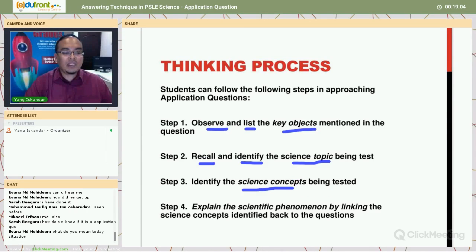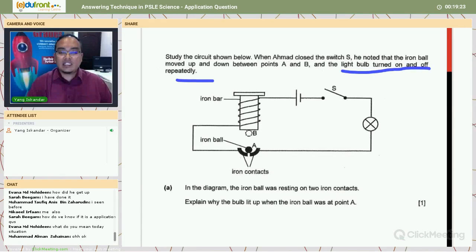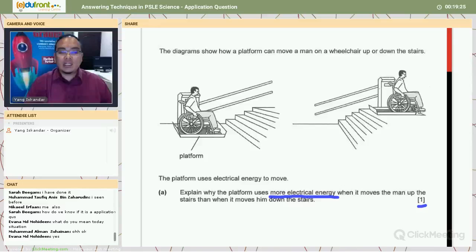What do you mean by day-to-day situation? Meaning that in real life, in what is happening around us. It could be in a park, it could be at home. Just now the camel, you can see, it is a camel. This is electricity, you may see this in hospitals.